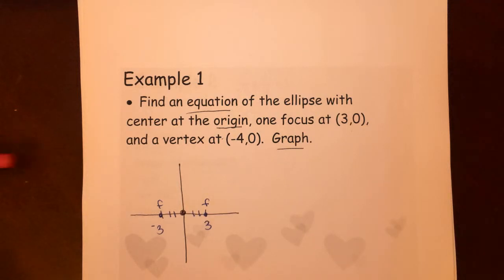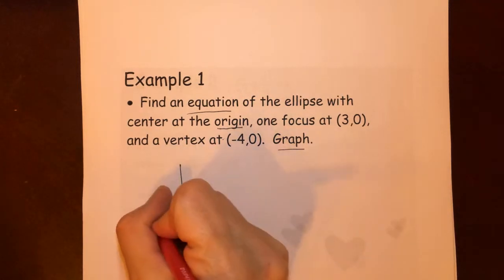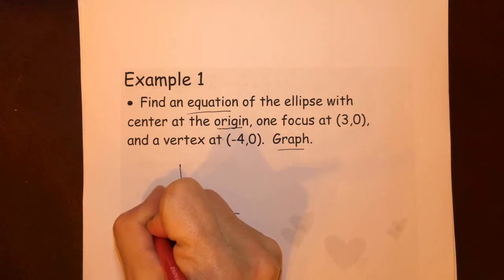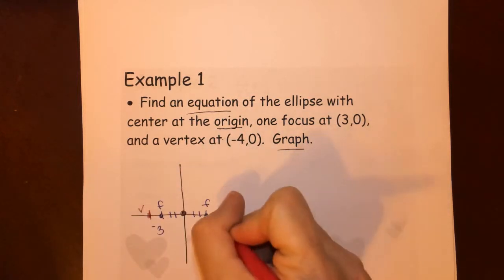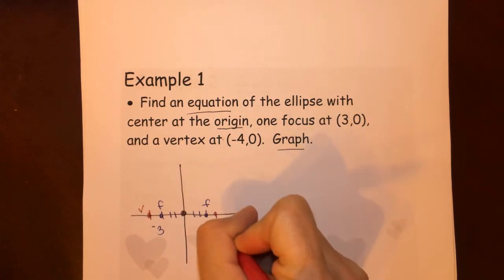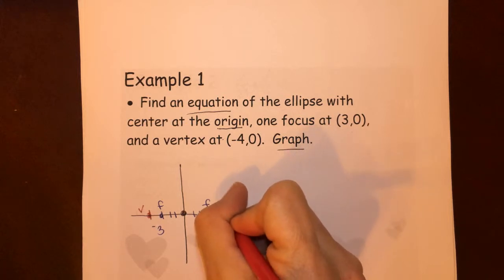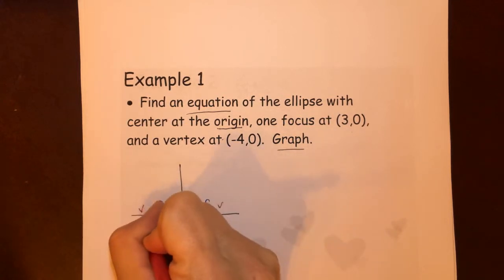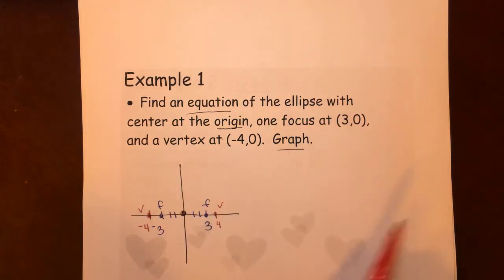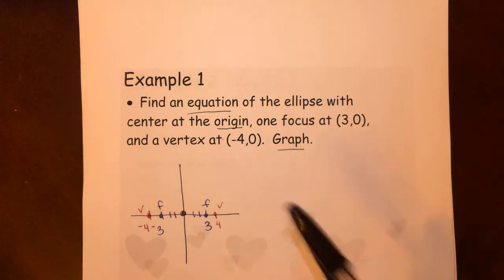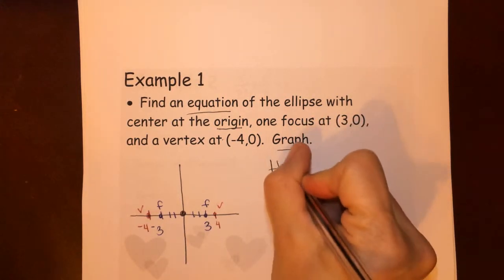They also told me I had a vertex at (-4, 0). So if I have a vertex at (-4, 0), I'm going to have another one at (4, 0). Since the focus and the vertex lie on the major axis, I know right now that this is going to be a horizontal ellipse.